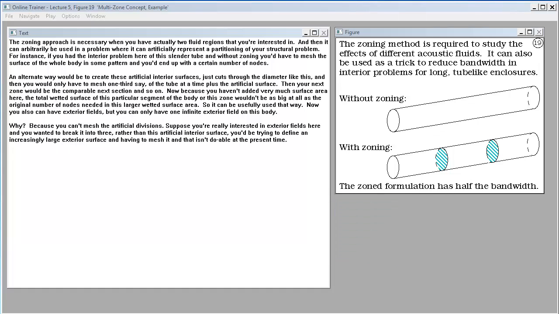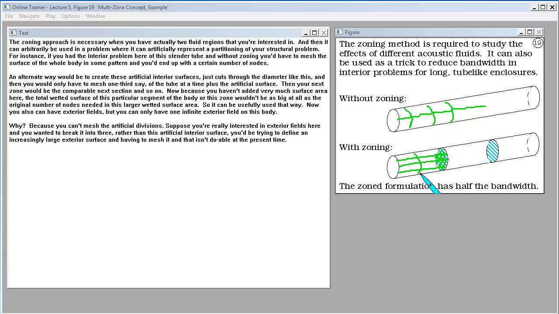For instance, if you had the interior problem here of this slender tube, without zoning, you'd have to mesh the surface of the whole body in some pattern, and you'd end up with a certain number of nodes. An alternate way would be to create these artificial interior surfaces, just cuts through the diameter like this. And then you would only have to mesh one third, say, of the tube at a time, plus the artificial surface.